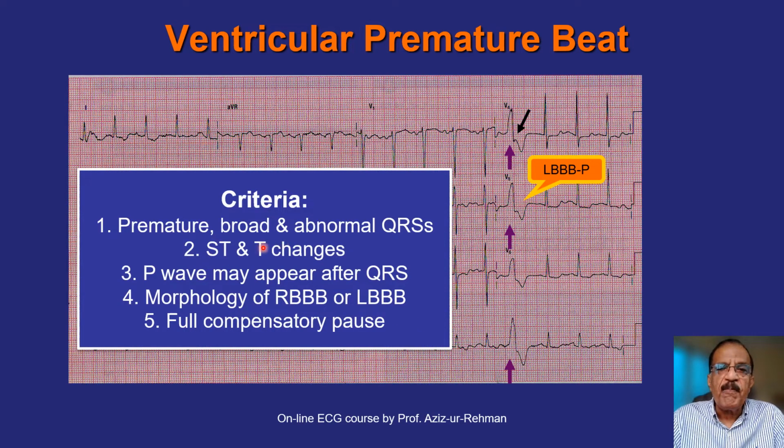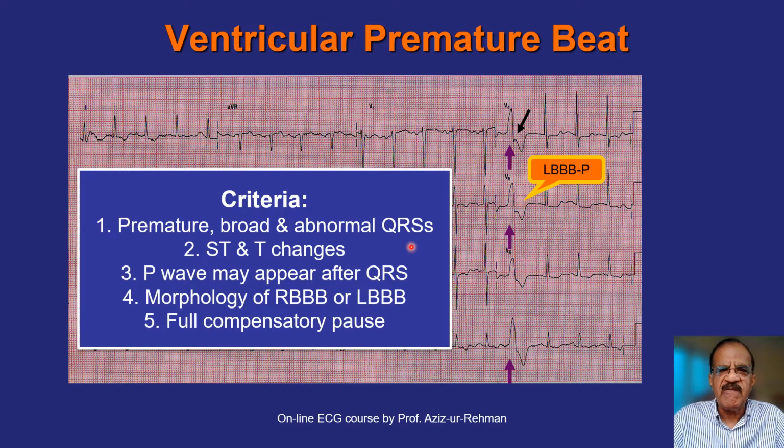And it is broad because ventricular depolarization has not occurred through the normal conduction pathway, which is designed to conduct current very, very fast. This current has been supplied through normal myocardium, whose fibers are not designed to transmit current in a fast way.